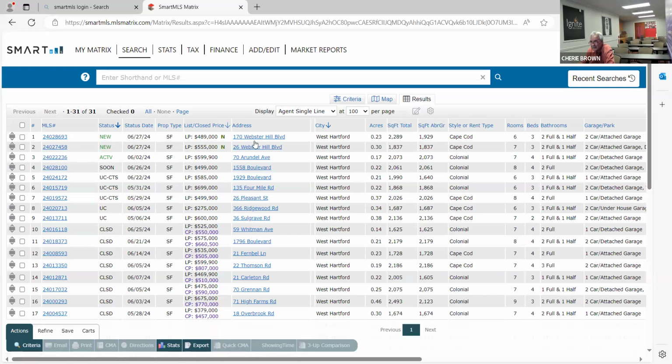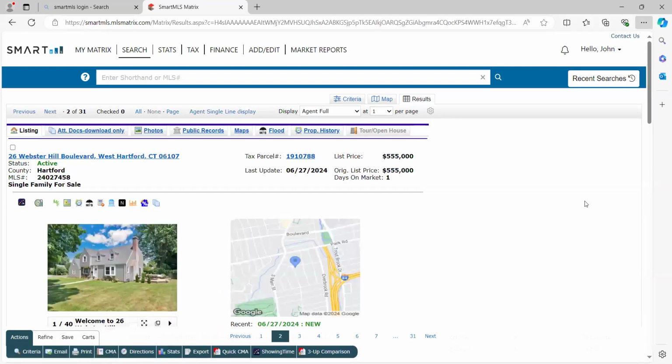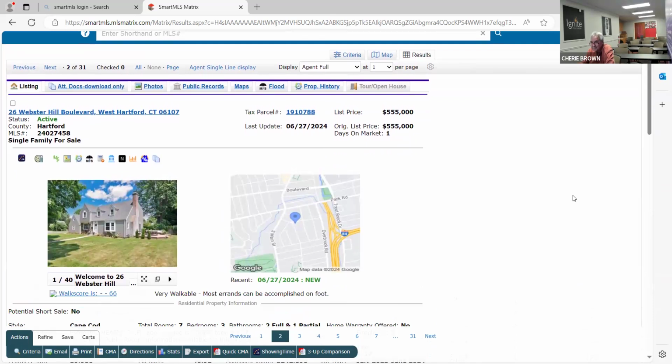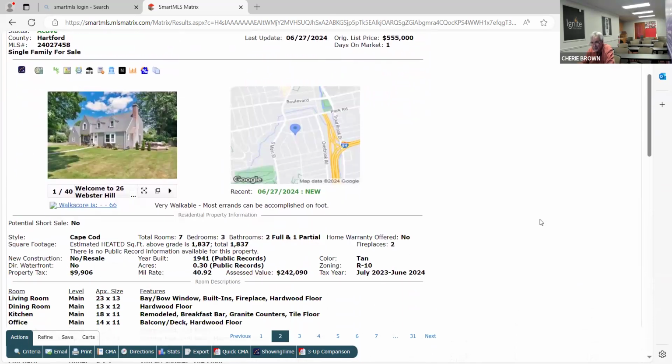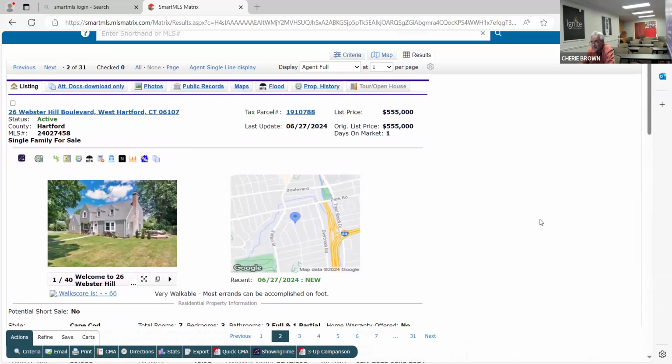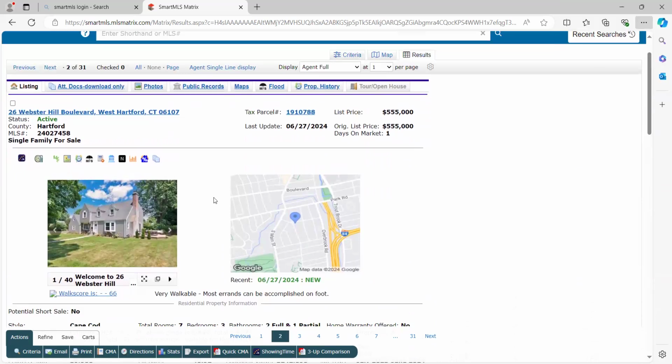Then look at this, we have another one right on Webster Hill. This thing is on for 555,000. 1941 built, almost a third of an acre.